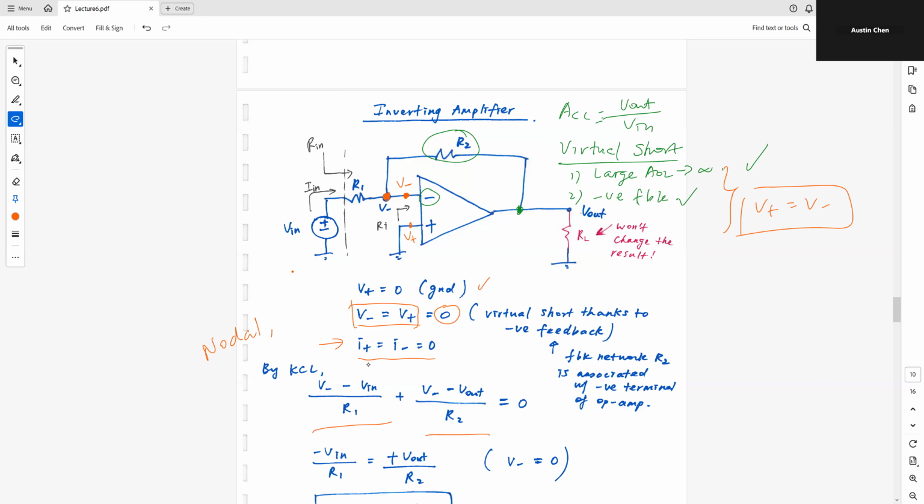This is because Ri is equal to infinity, one of the ideal properties that we talked about earlier.